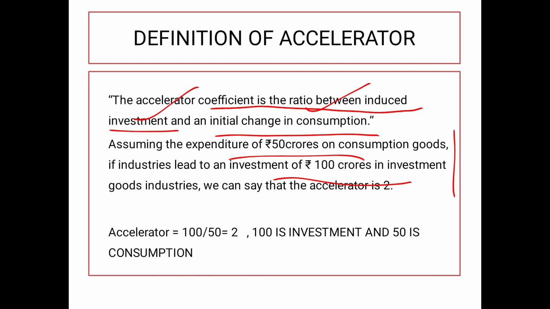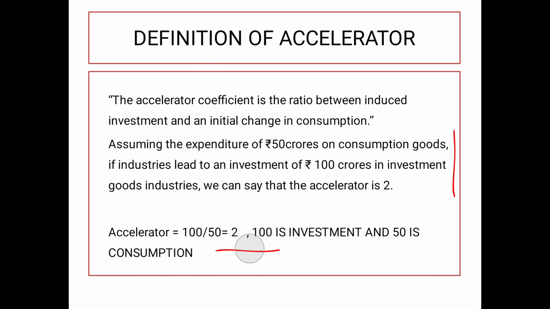How will you calculate it? We have 100 crores and 50 crores. What is this 100 crores? It is investment. 50 crores is for consumption. So 100 divided by 50 is equal to 2. Why have we divided 100 by 50? What is the formula telling you?